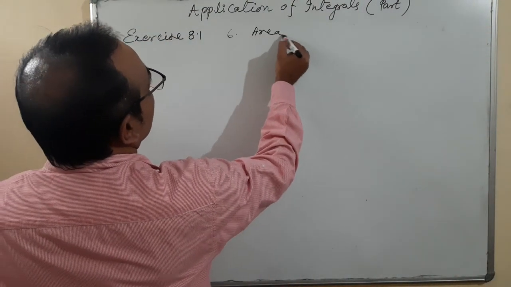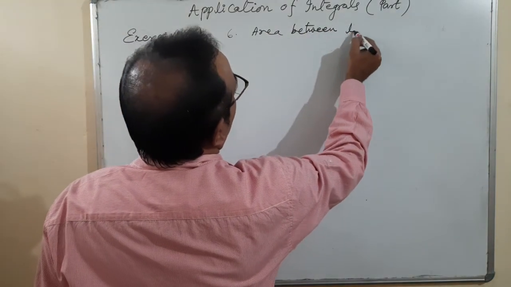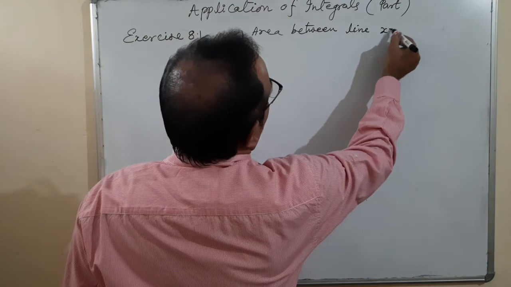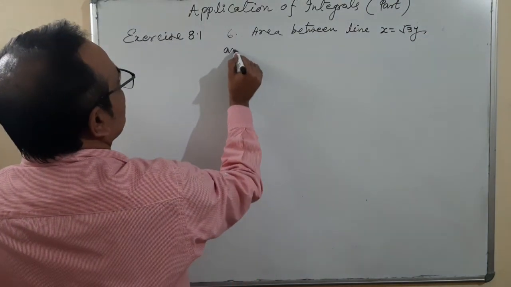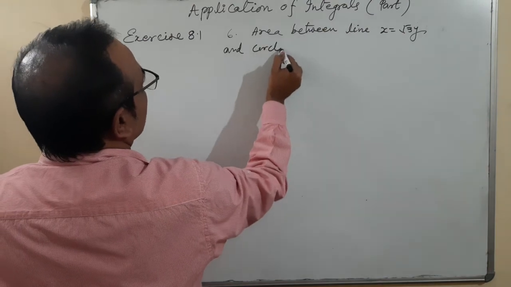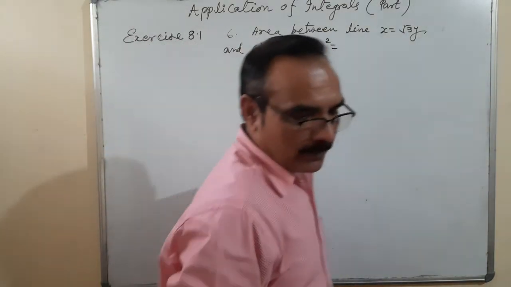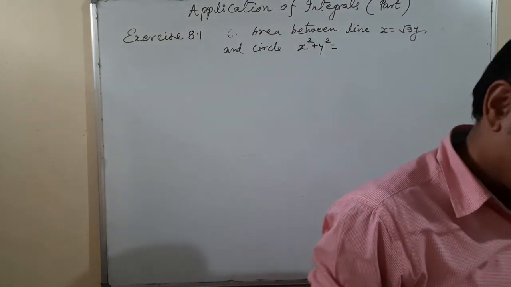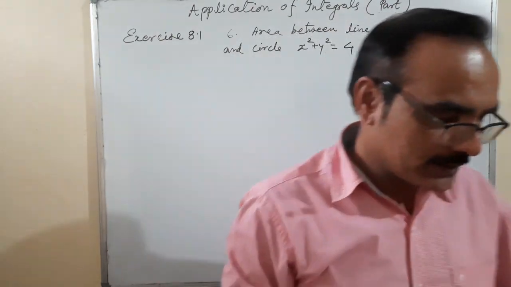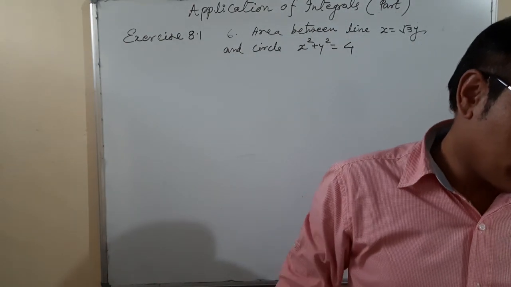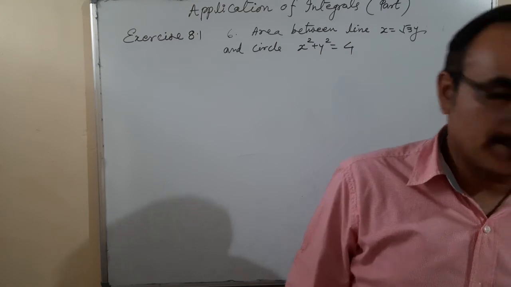Area between line x = root 3 y and the circle x square plus y square is equal to 4. And it's clearly mentioned: find the area of the region in the first quadrant.